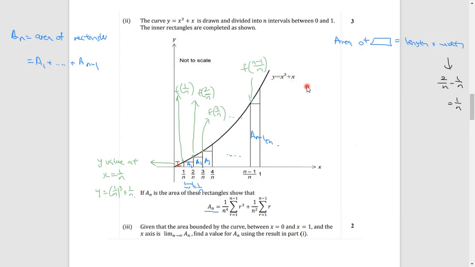So it would appear that the height is going to be f of k over n, where k goes from 1 all the way up to n minus 1. So for the first rectangle, it's f of 1 over n being the height times 1 over n. For the second rectangle, it's f of 2 over n being, again, the height times 1 over n. So in other words, the kth rectangle is f of k over n times 1 over n.